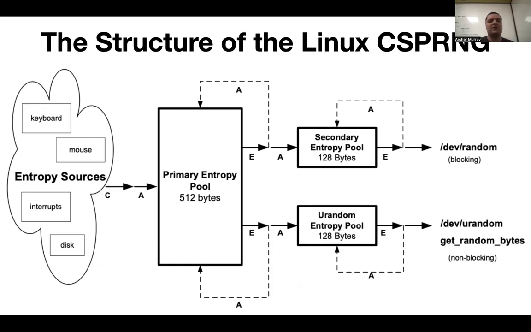If entropy is added and the secondary pool is full, then it will be added to the primary pool. If bits are requested from a secondary pool and it's empty, then bits will be taken from the primary entropy pool.